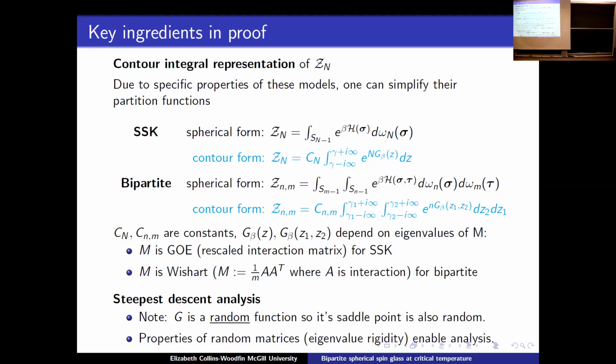And so the idea here is that we're using properties of random matrices, in particular eigenvalue rigidity. These are functions of the eigenvalues of a random matrix, and we know that eigenvalues of a random matrix stay very close to their expected value, and we can use that to get a good handle on what these integrals actually look like.